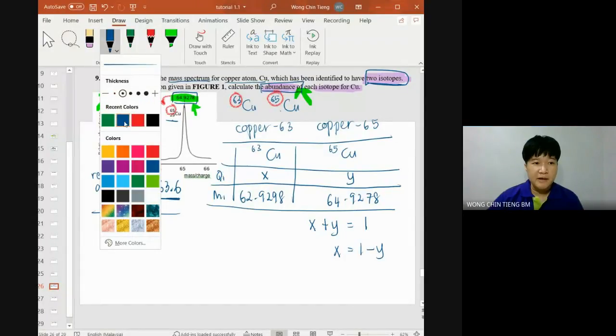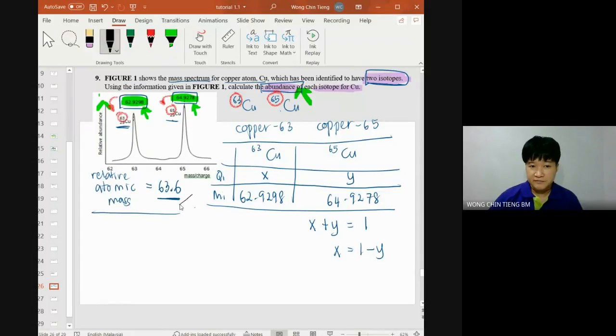Sebab yang kita dapat value tu sebenarnya adalah value relative, bukan average. So kamu tak boleh mula terus dengan average. Siapa yang mula terus dengan average maka tetap akan dapat sebab jawapan akhir tetap akan betul, tapi kamu akan hilang markah. Kamu hilang 2 markah sebab kamu tak guna formula relative. Maksud teacher, relative tak ada unit as we agree yesterday.